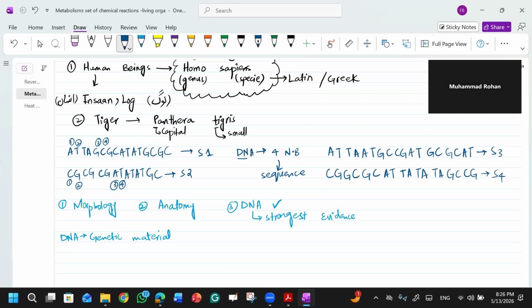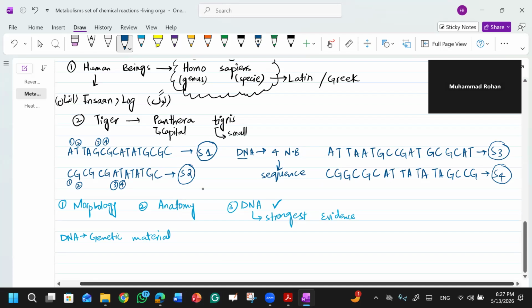Can you give me just a general idea? S1, S2, S3, S4. Which one resembles which species? Which one has more resemblance with S1? S3, right? This is what we are discussing over here. Then S2 resembles S4.